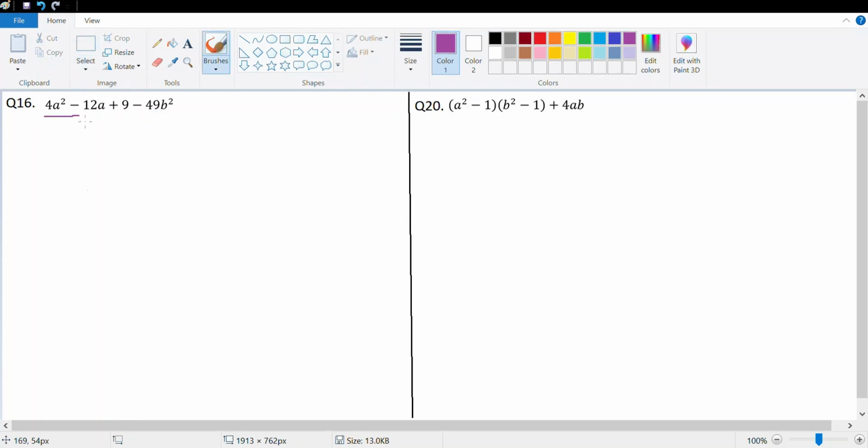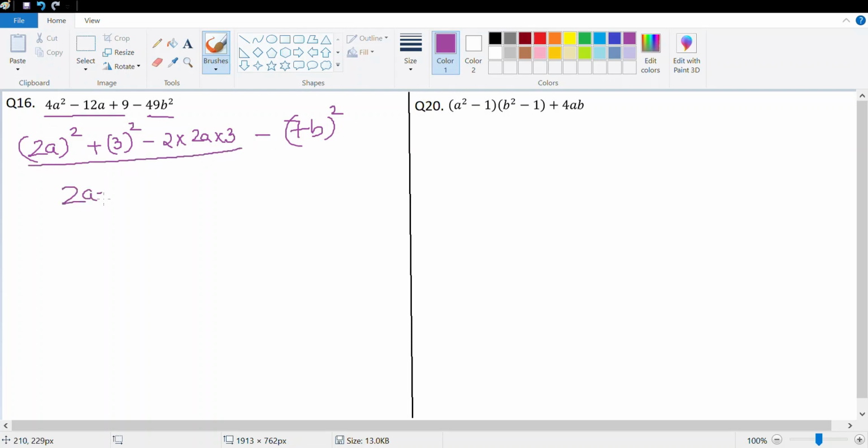Let's see if we can find anything else. Let's see if I take these 3 terms together, if I am able to figure out anything. So let's group it the way I have underlined now. The first term is 2a the whole square, and 9 is 3 the whole square, minus 2 times 2a multiplied with 3. Yes, that's negative 12. So the first 3 terms are nothing but 2a minus 3 the whole square, and 49b square is obviously 7b the whole square.